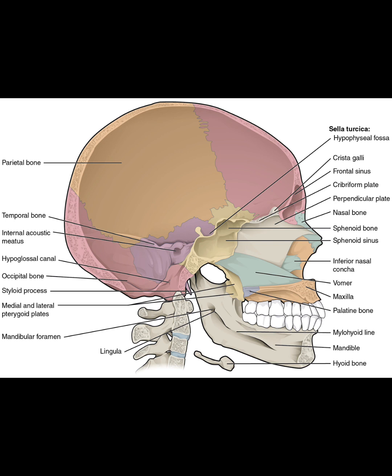And then you have the medial and lateral pterygoid plates, which help facilitate movement of the jaw going left to right. Then you have the mandibular foramen, which is just a small opening within the bone, and this foramen houses and protects the inferior alveolar nerve.